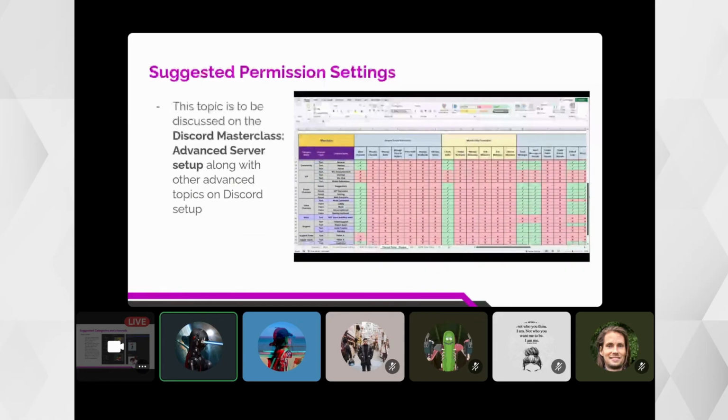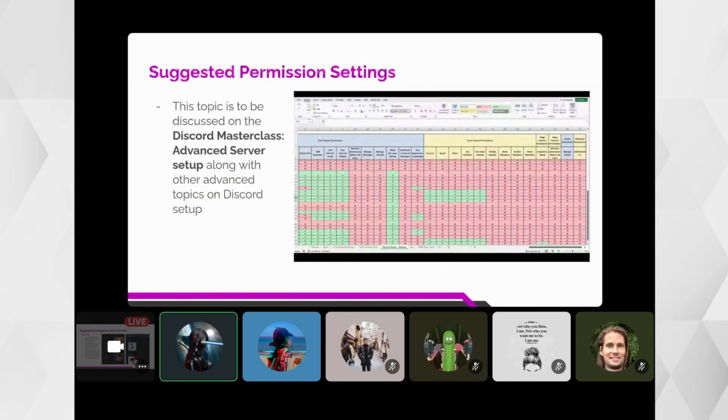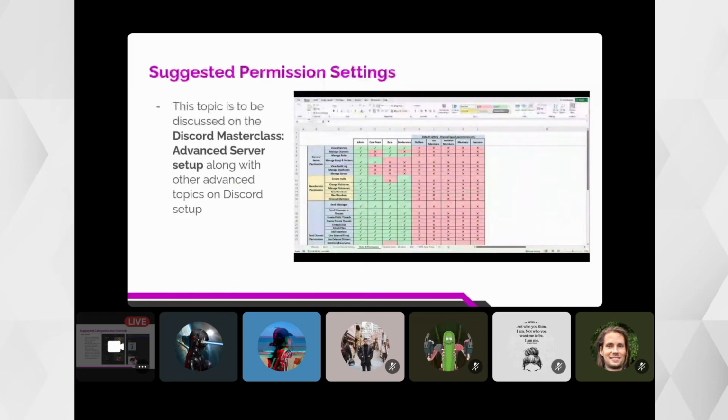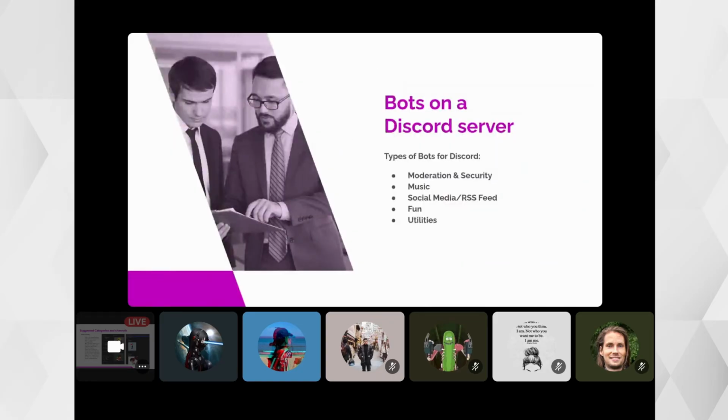For example, if you are using a bot and you are not sure how to properly configure it, I'll guide you through that in the next Discord masterclass for the advanced server setup. So don't miss that out, guys.